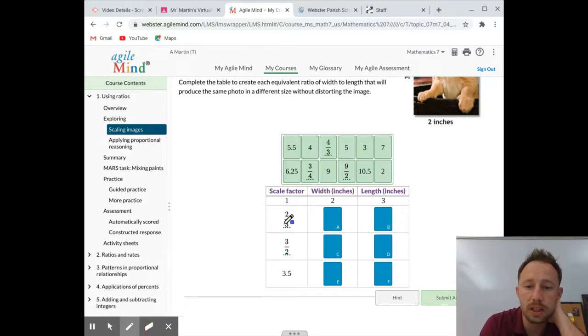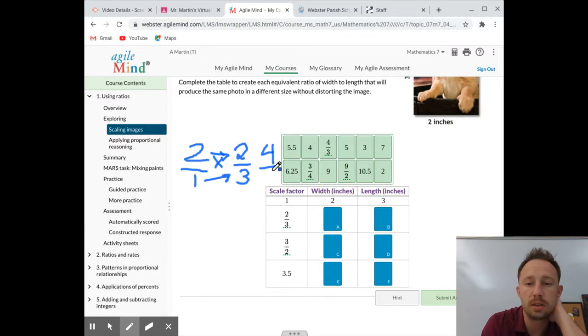So looking at this, we're going to take 2 and we're going to multiply it by 2/3, okay? So I need everybody to understand that the whole number 2 has an understood 1 below it, okay? So what is 2 times 2? 4. Good. And what is 1 times 3? 3.